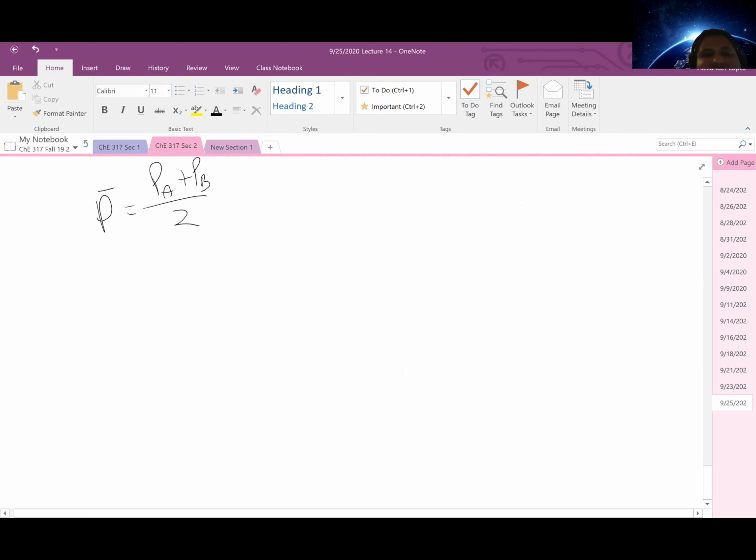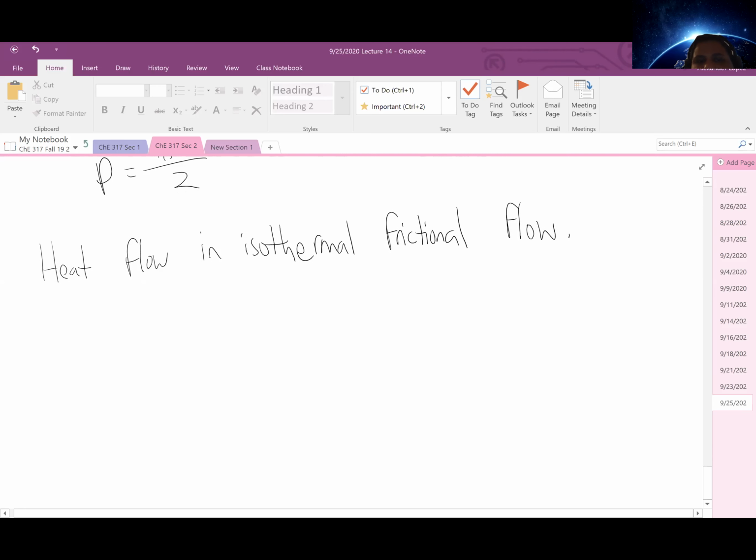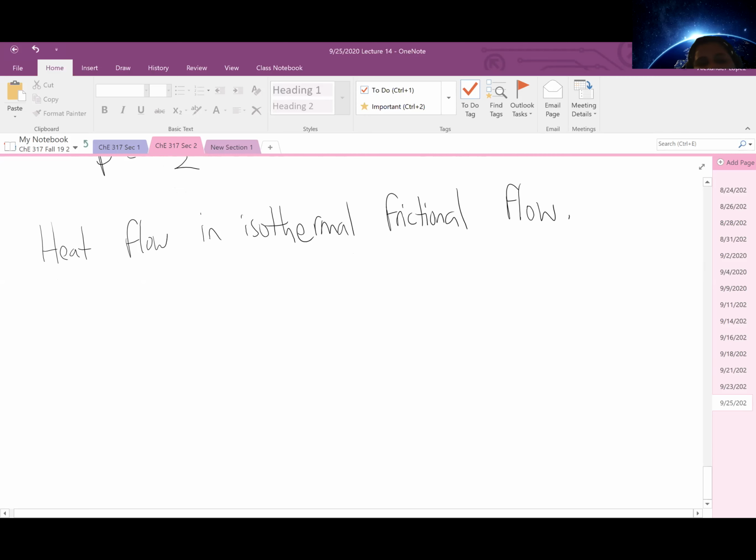One last thing to consider is heat flux or heat flow in isothermal frictional flow. And that is simply following this expression of Q over M, which is essentially a heat flow per unit mass.